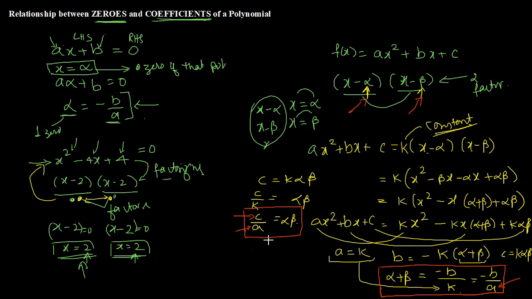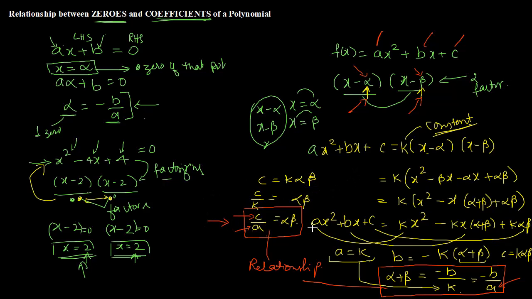These are the relationships between the coefficients a, b, c and the zeros alpha and beta. If the question asks for the relationship between the zeros and coefficients, you don't have to derive all this. I have just derived it so you can understand, but this is what you need to remember.